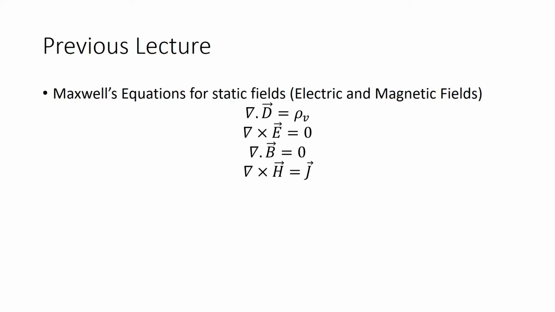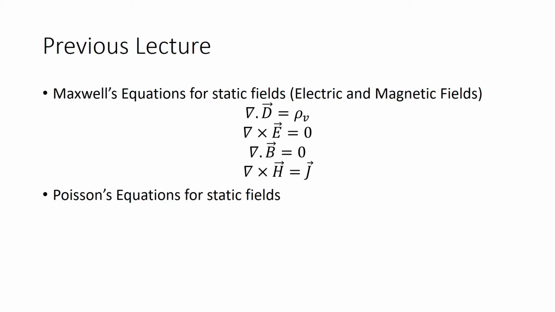The divergence of magnetic field intensity is equal to 0, which comes from the fact that magnetic monopoles do not exist, and del cross H bar, the curl of magnetic field intensity, is equal to J bar, which comes from Ampere's circuit law.